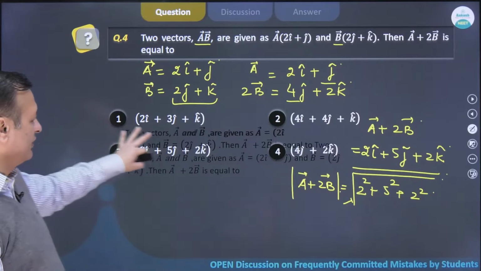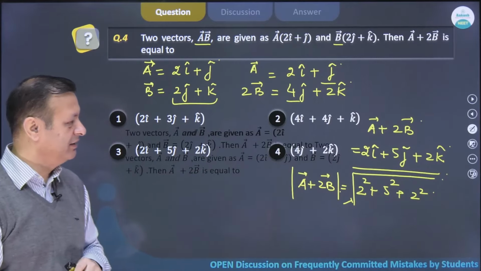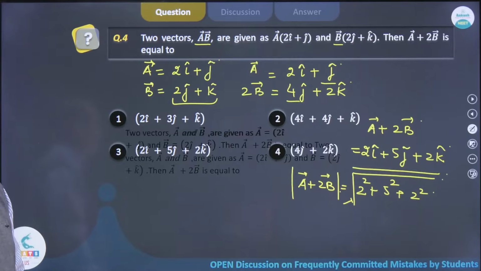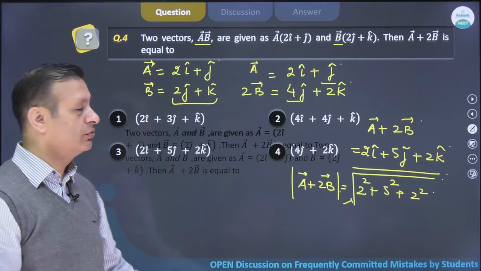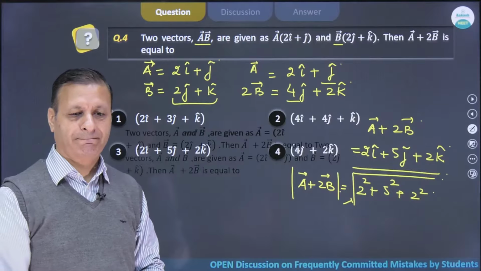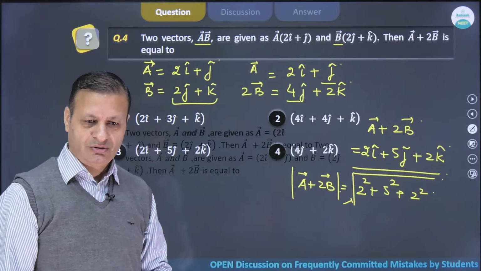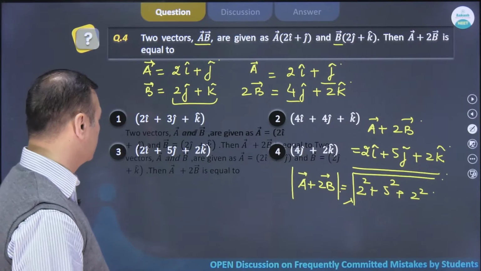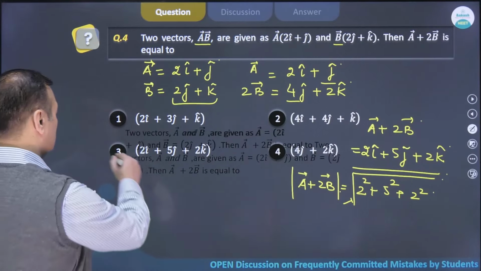There is some reflection error coming on this slide, so just ignore that part and focus on the main question that is given to you clearly in the white color format. So good, Tahid has given me the right answer, that is 2i cap plus 5j plus 2k.